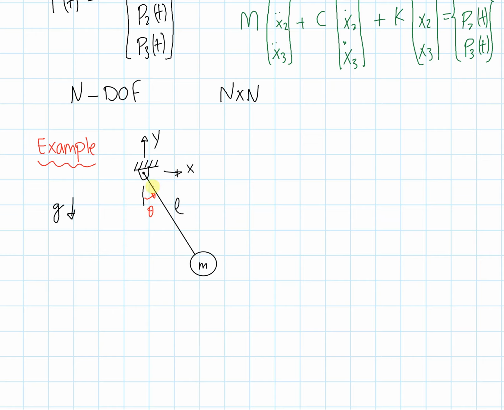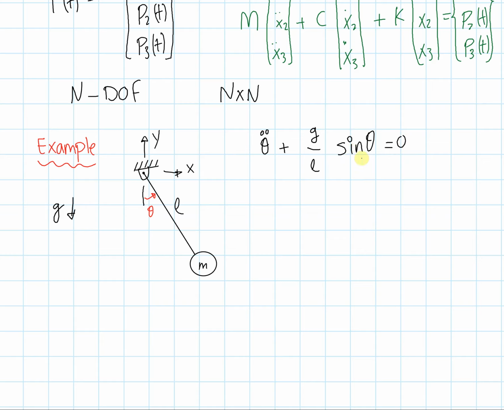So this time our degree of freedom is rotational, and it's a little different when you handle things in the rotational sense, because now you have to deal with sines and cosines, and those are nonlinear functions. In fact, if I were to tell you what the equation of motion for a system like this would be, it is theta double dot plus g over L sine theta is equal to 0.